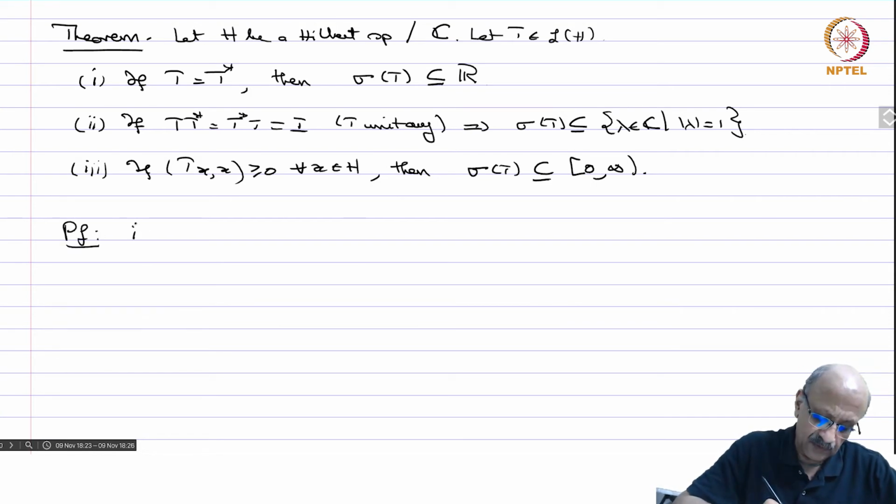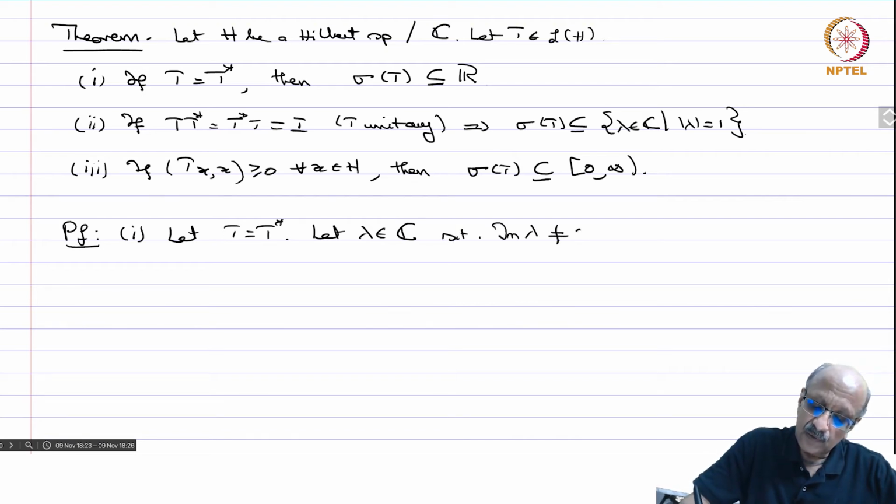So we'll prove the first one. Let T equal T*, and let lambda belong to C such that the imaginary part of lambda is not equal to 0.